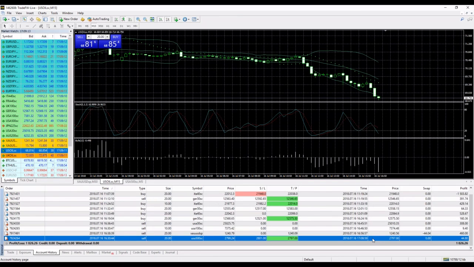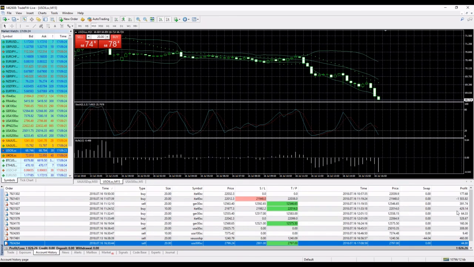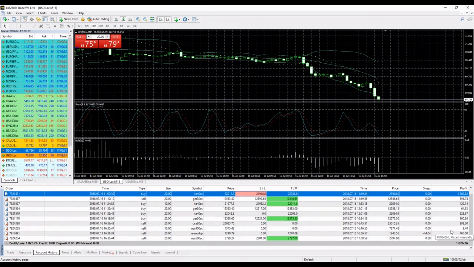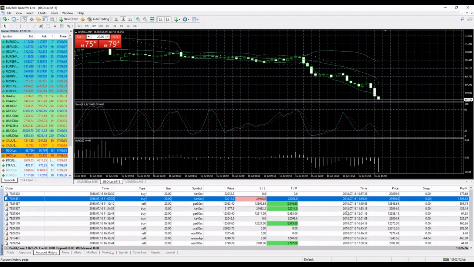Overall, today we are at $1,026 in profit. We had a loss today of $1,500, and we managed to turn it and make even a profit of $1,000, guys, until now. Not bad for one trading day.